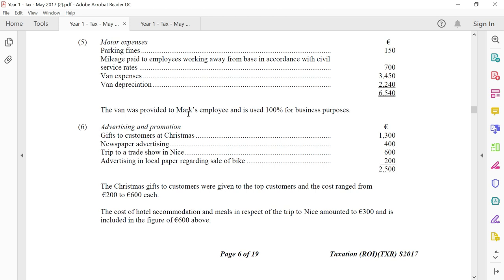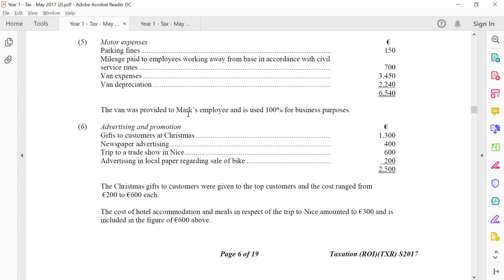When I say allowable, it means, are they wholly and exclusively incurred for the purpose of the business? There's a lot of case law in reality. There's legislation, section 81 of the Taxes Consolidation Act 1997, which specifies some of the costs which are not allowed.